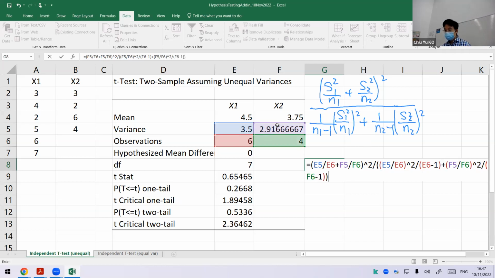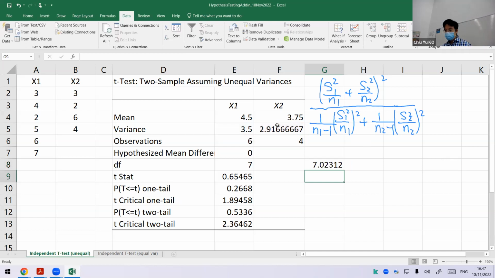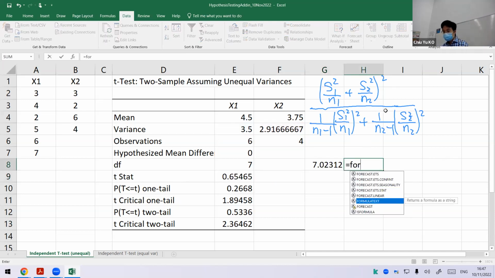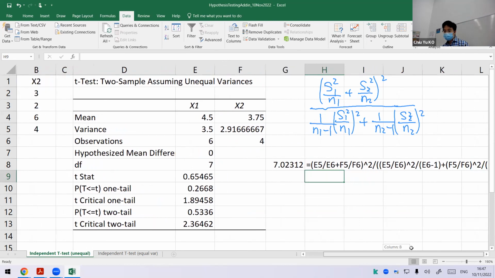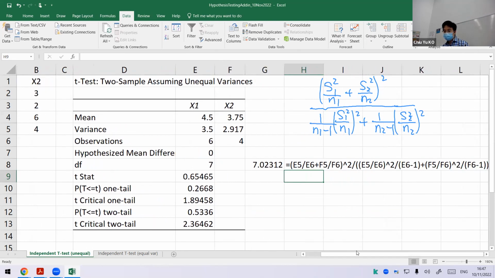Once I enter this, this gives me the formula, right? This gives me 7.02, and when I round down, it just gives me 7.